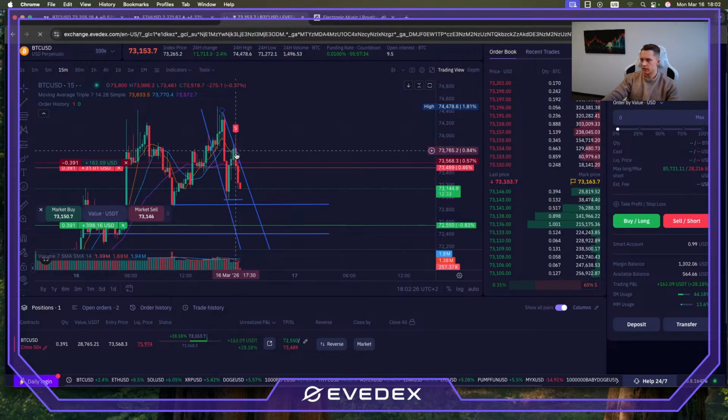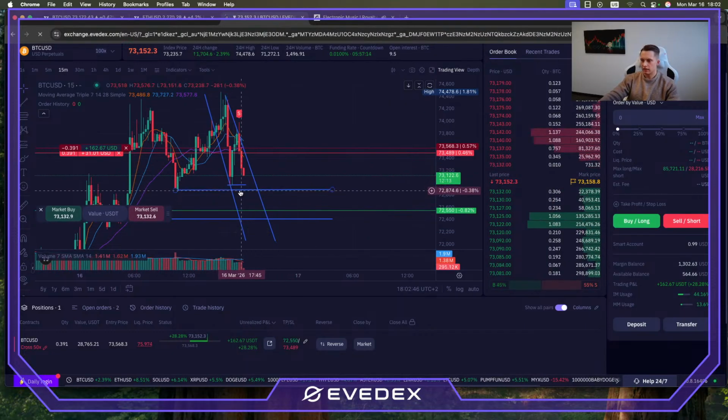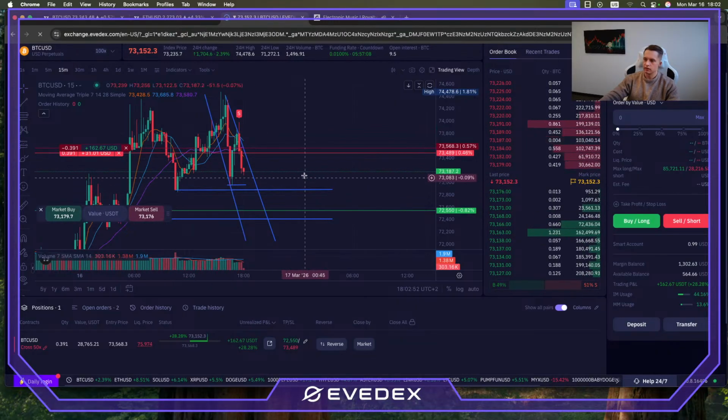So what we could expect is this price to dip below this bottom here and potentially come back up to create that third peak. And if we do see a strong movement in the market, then we could expect to break this level here, from this low of the price.